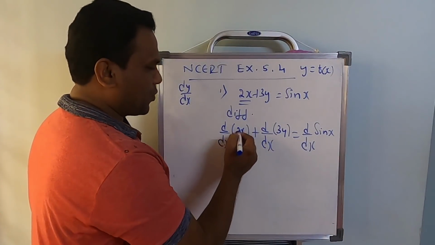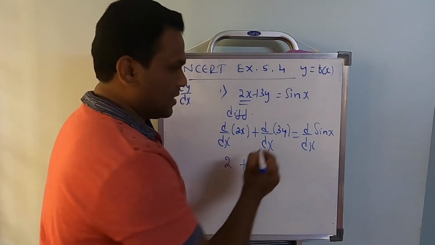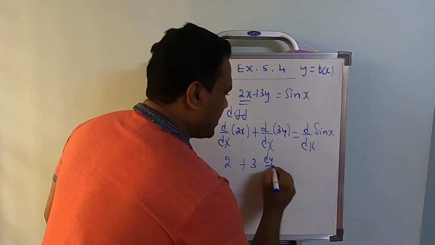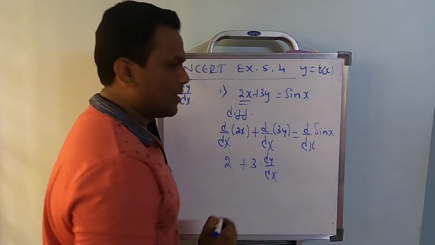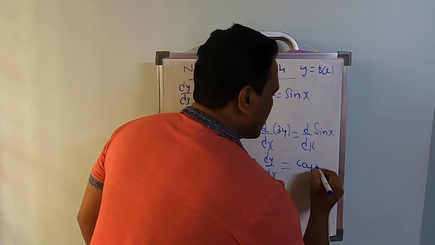Differentiation of 2x is just 2, plus differentiation of 3y. 3 is a constant, so let's keep it, and differentiation of y with respect to x will be dy by dx, is equal to differentiation of sin x, which is cos x.